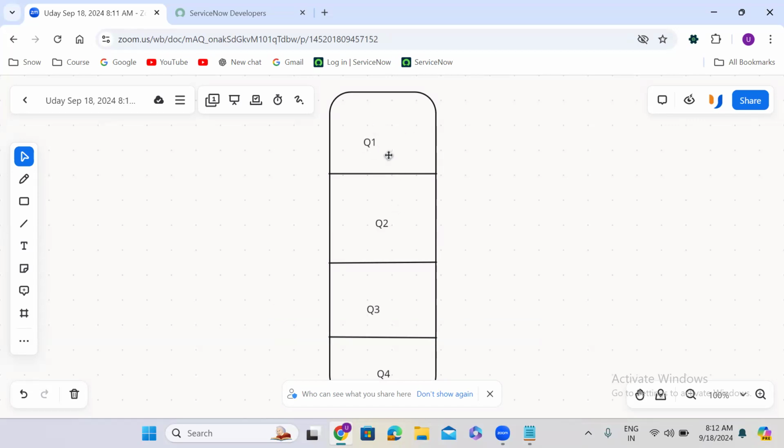In the first quarter, there will be 3 months. January, February, March come under the first quarter. April, May, June come under the second quarter. July, August, September come under the third quarter. October, November, December come under the fourth quarter, guys.